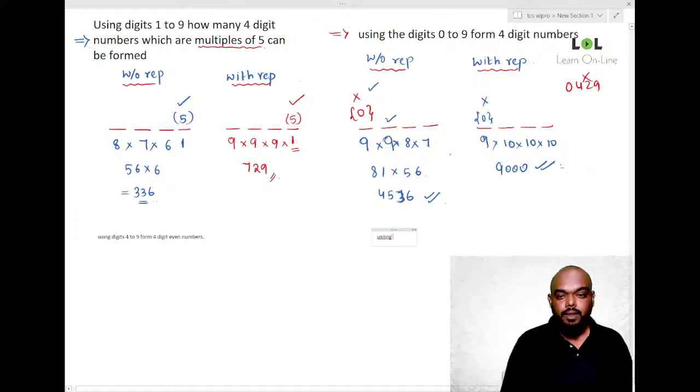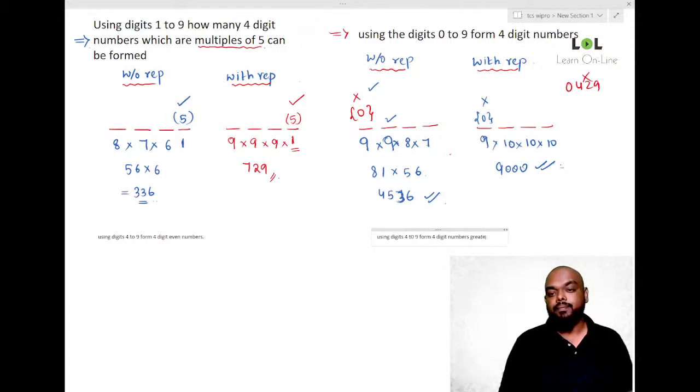Using digits 4 to 9, again, form 4 digit numbers greater than 6,000.